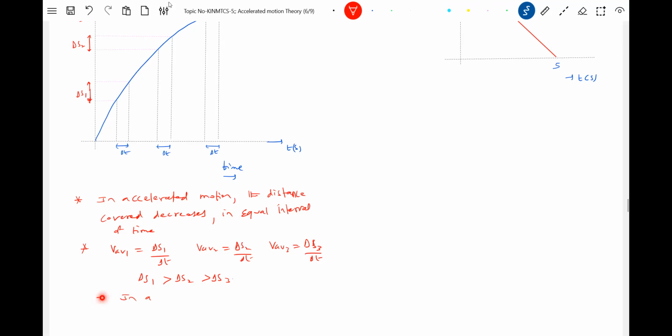So in accelerated motion, I think this is a retarding motion, no, sorry. In retarding motion, average velocity decreases.